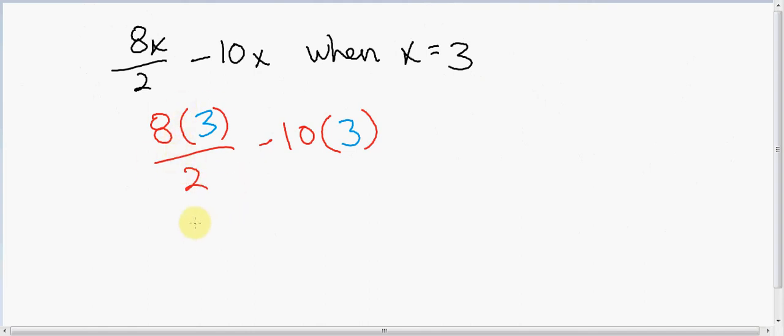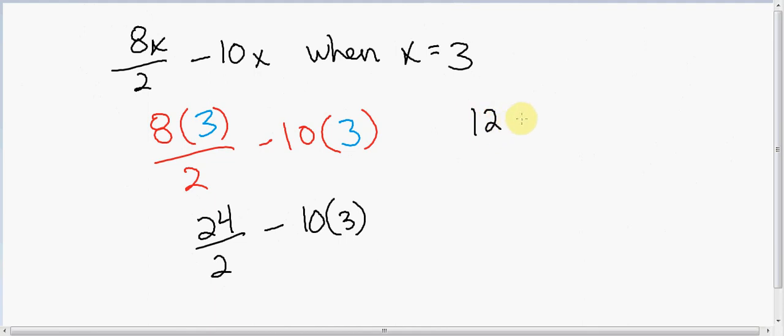So I have 8 times 3, that's 24, divided by 2, minus 10 times 3, and I could have multiplied that there if I wanted to. The next thing I should do is finish with my grouping symbol. 24 divided by 2 is 12, minus, and I might as well go ahead and multiply 10 and 3 and get 30, and then I can subtract and get negative 18 for my answer. So that is evaluating a variable expression when you substitute a value in for a variable and then figure out what it's worth.